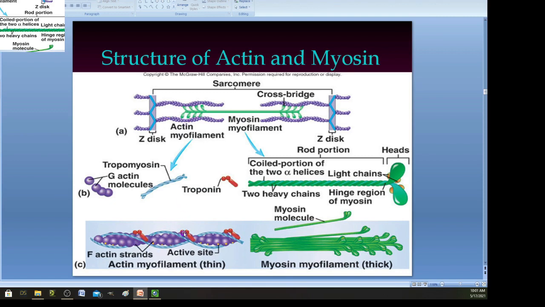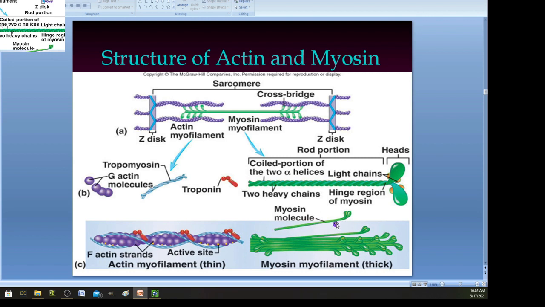Here's a close-up of an actin protein. So it's kind of like a Twizzlers licorice stick all twisted up. And actin has these red-colored regulatory proteins that are on them that can turn our contraction on and off. The other contractile protein is this green one called myosin.